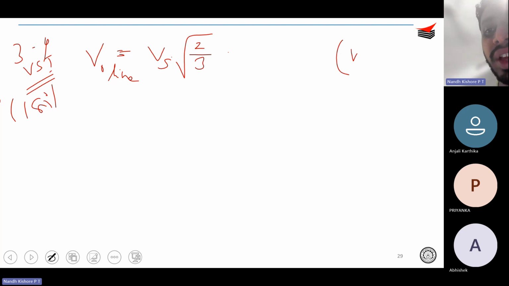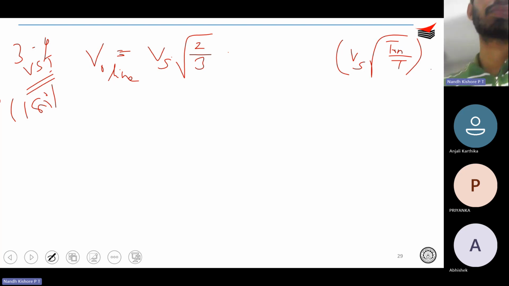Why? It is basically Vs into root over T on by T, right? Each of the SCRs is going to conduct for 120 degrees out of 180 degrees, correct? So root over 120 by 180 is the formula, and root over 120 by 180 is root over 2 by 3. That's why VRMS line is Vs into root over 2 by 3.